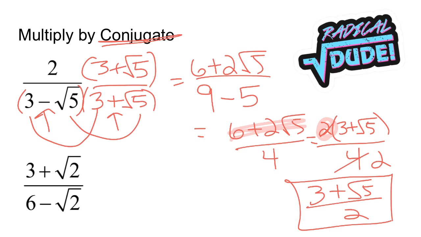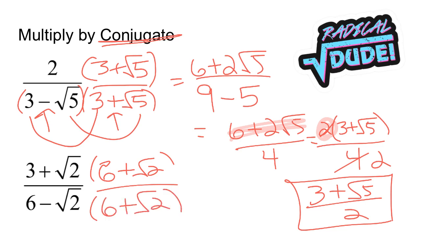That's important to understand. On this second one, I'm going to multiply by the conjugate, which will be 6 plus radical 2 and 6 plus radical 2. Notice those have to match, but the sign is different from this minus right there.